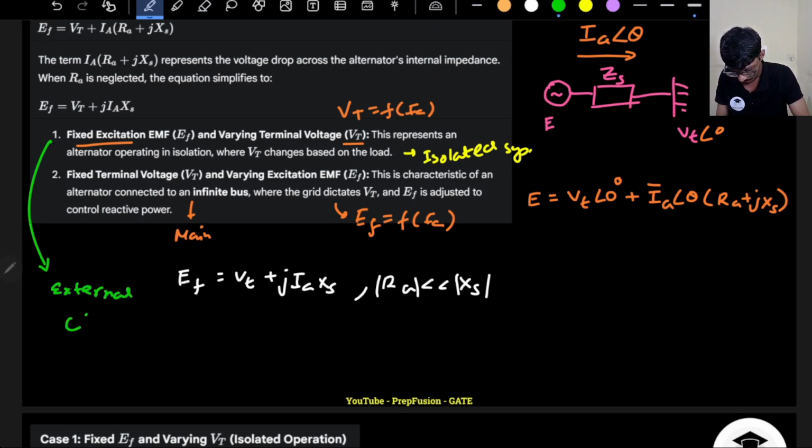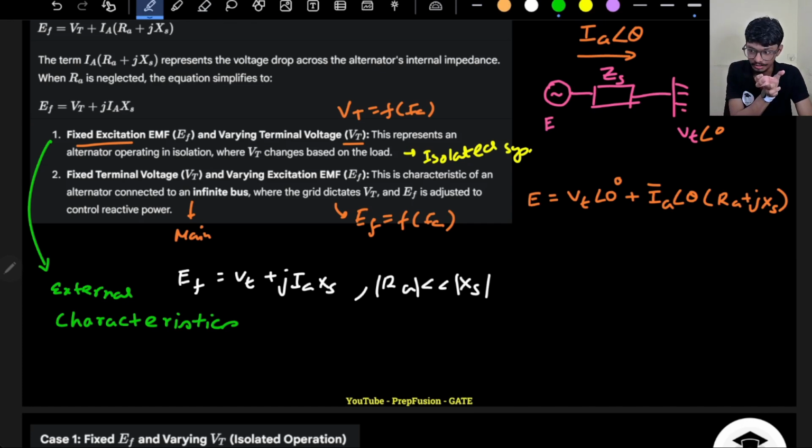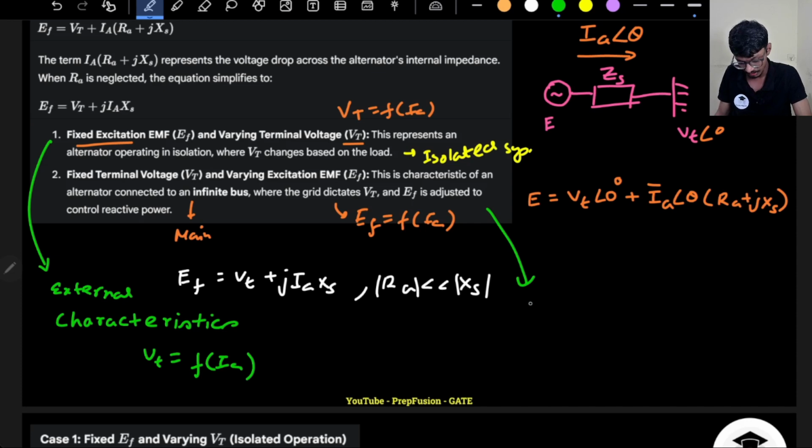Because we are comparing the external voltage of the generator, that is Vt, with respect to load current. And in the other case, with fixed terminal voltage, we are comparing the internal voltage, that is Ef, hence it is called internal characteristics.